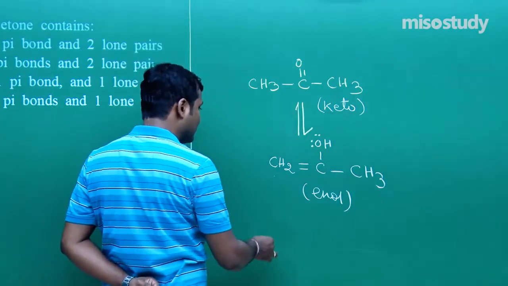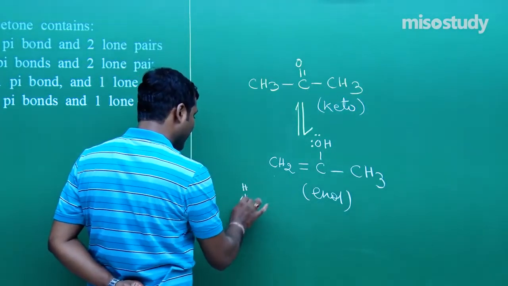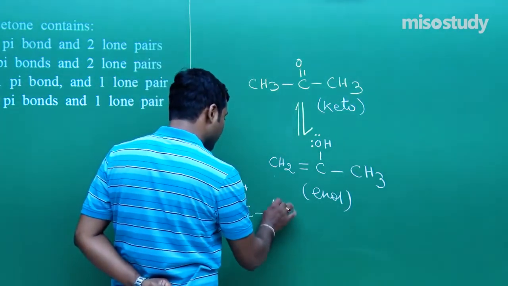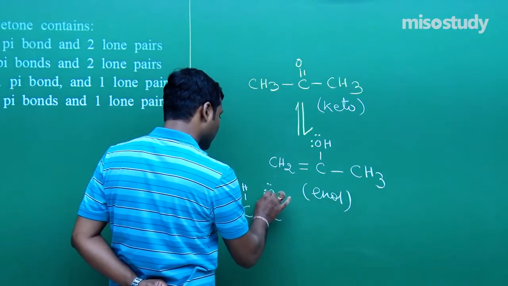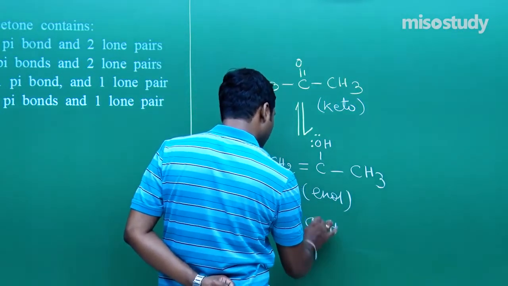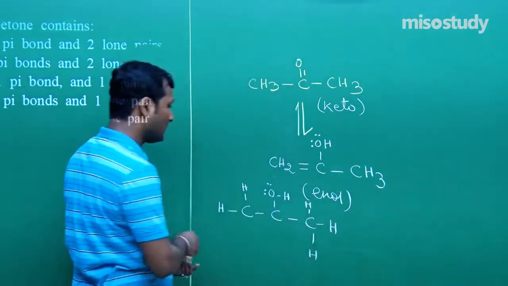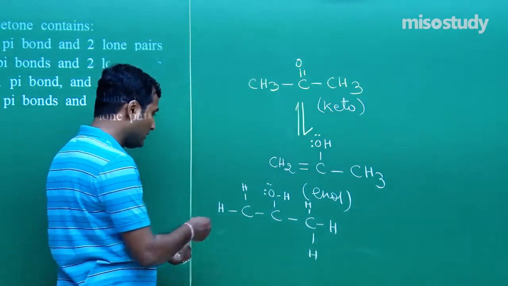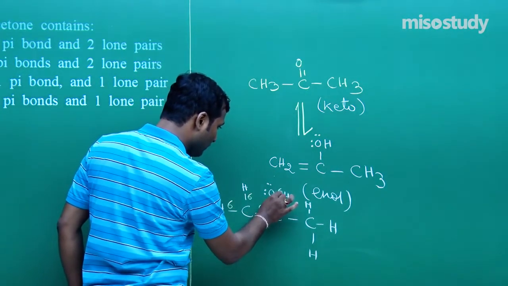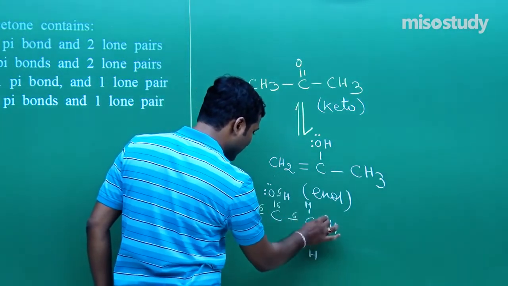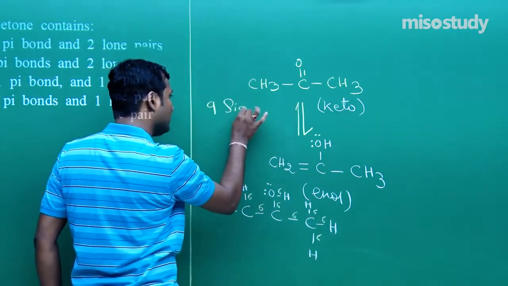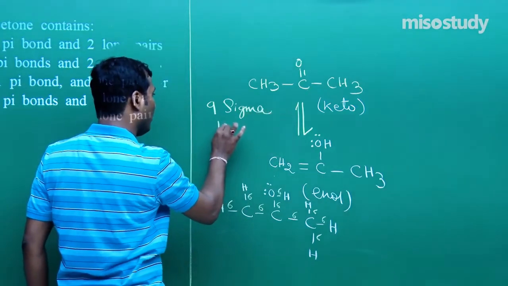If I write like this, C, put here H, put here H. Now C, this one is O, then this one is H, and this one C, H, H, and put here H. Clear? Now count the sigma bonds. 1, 2, 3, 4, 5, 6, 7, 8, 9. We can say that is 9 sigma bonds.